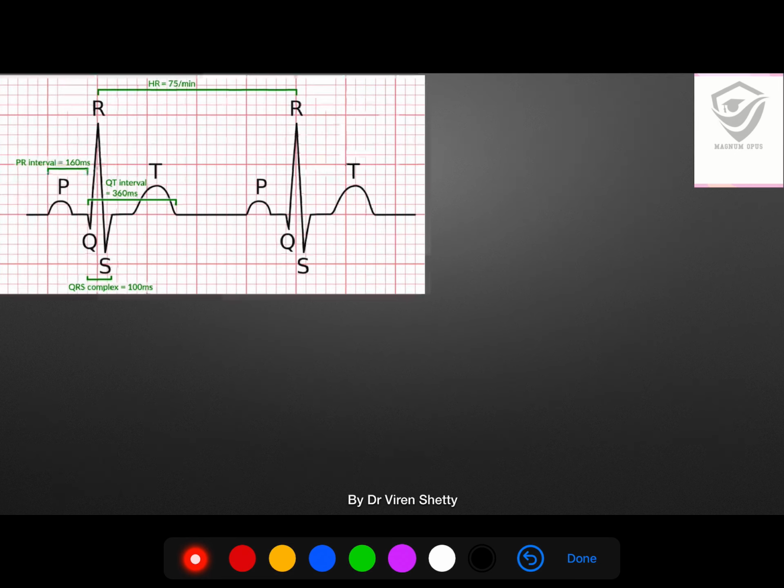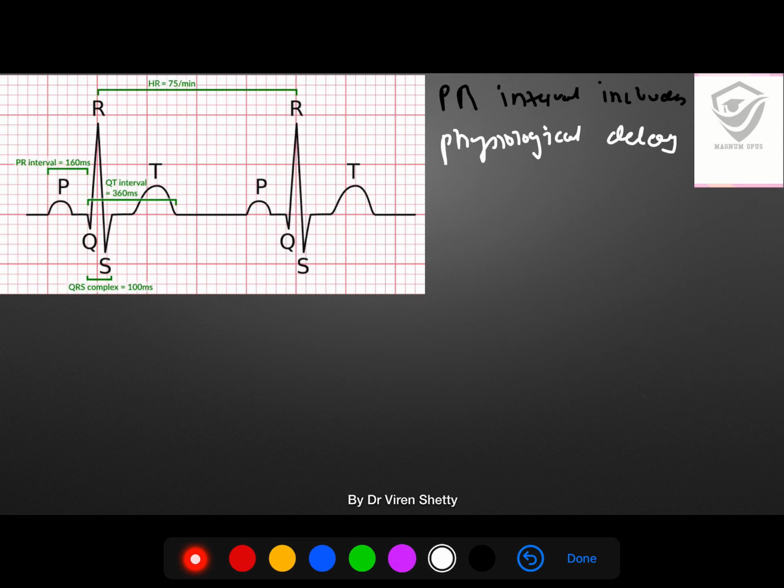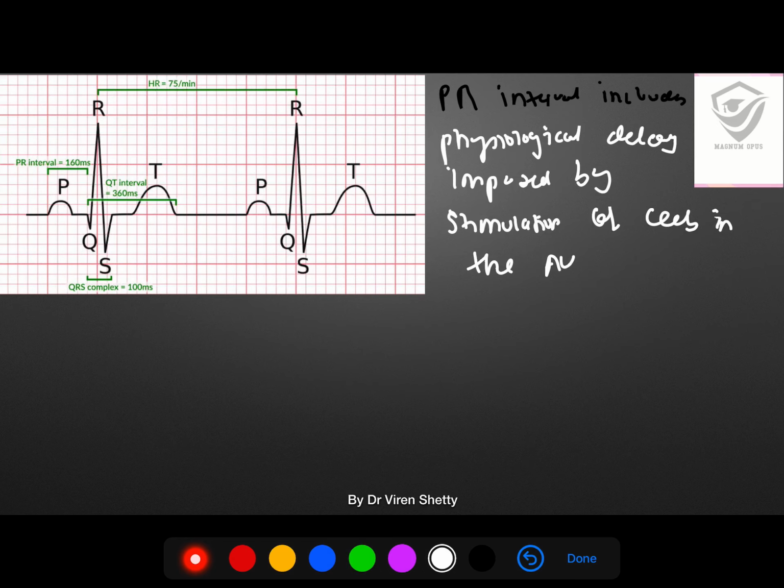Something more we'll talk regarding this PR interval. This PR interval includes the physiological delay imposed by stimulation of cells in the AV junction area.